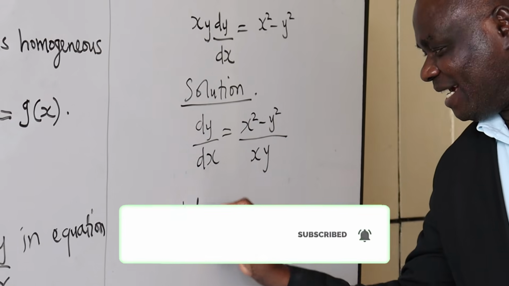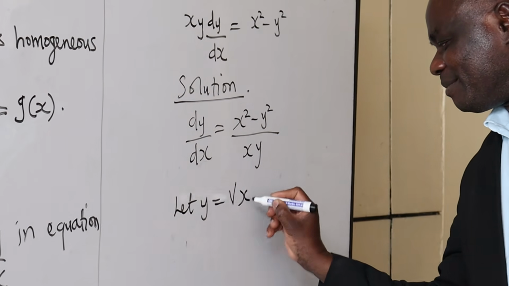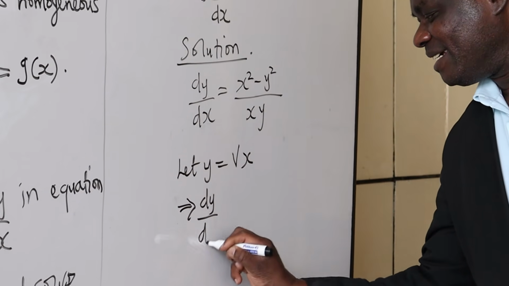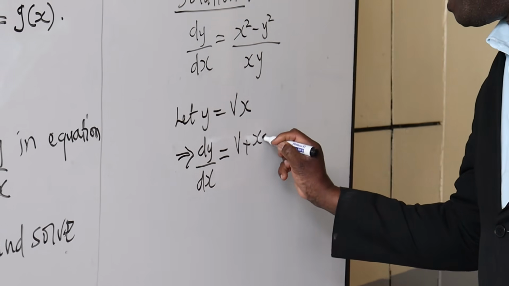From here we say let y be equal to v times x. This implies what? dy/dx is equal to v plus x dv/dx.